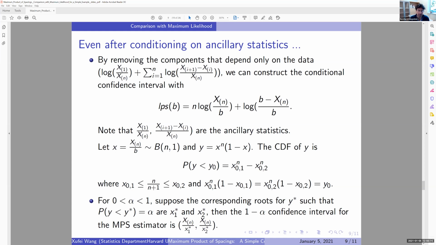Yeah, here there is a nice trick we can use to simplify, but we think the nice property of this MPS approach is that even if you don't use this trick and you don't derive the distribution, you can still get this unconditional confidence interval.